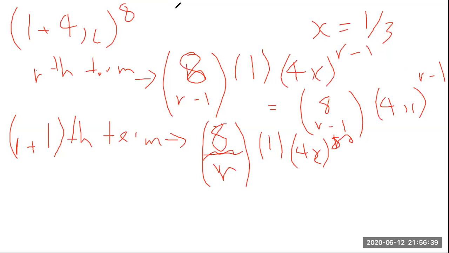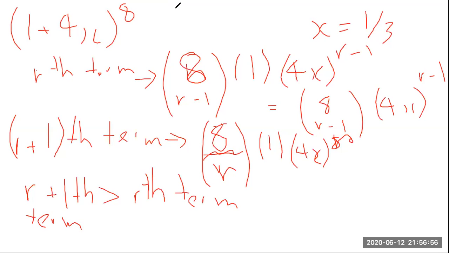So we have to find for which r the (r+1)th term is greater than the rth term, and if we find the critical values where this inequality holds, then we can find which term is the greatest.